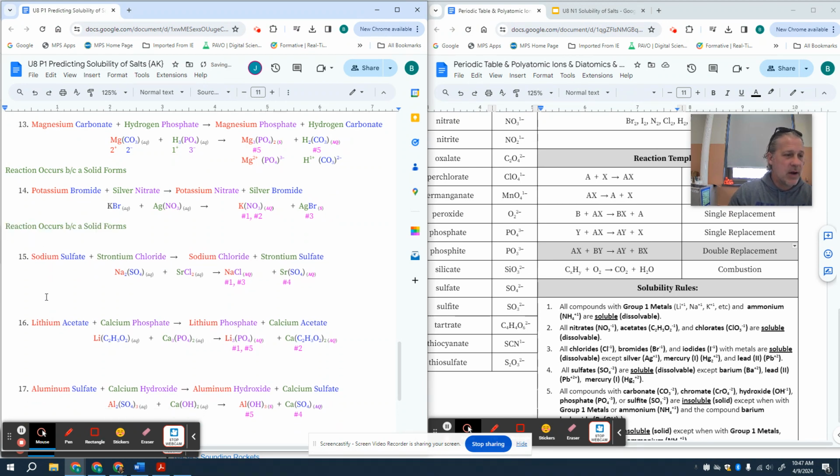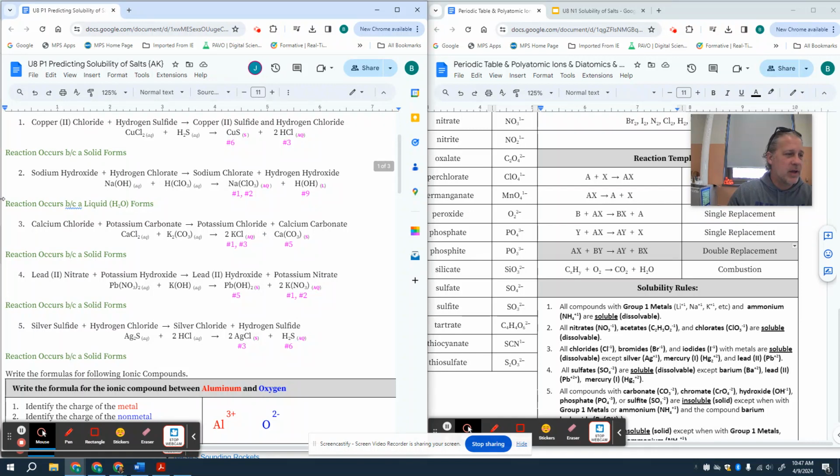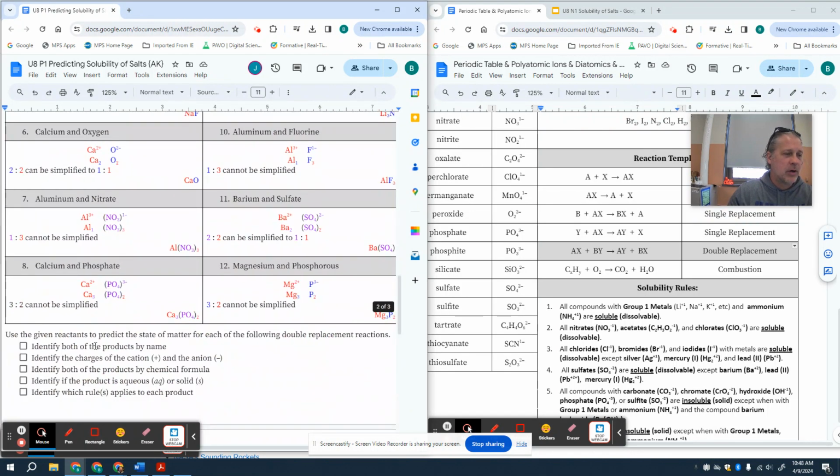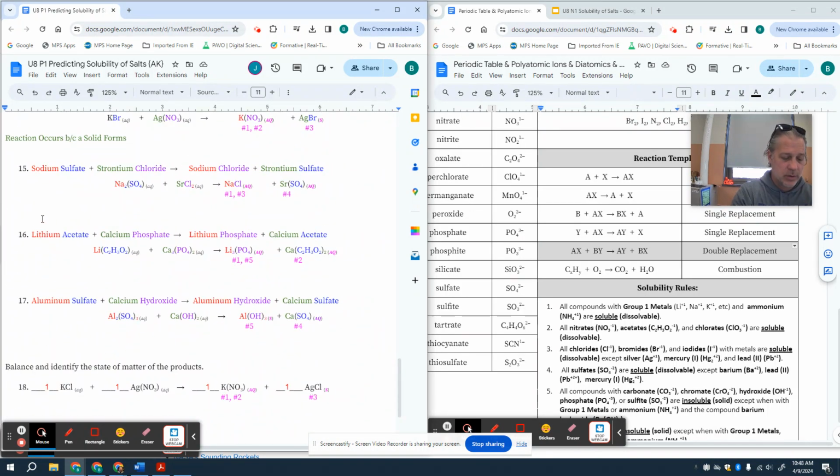And then if I look down here at this one, no reaction occurs. So I'm just going to write reaction does not occur because no solid forms. Consistency is really important to me. Okay, so that reaction doesn't occur because there's no solid forming.